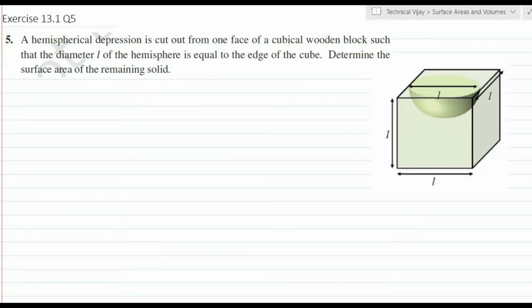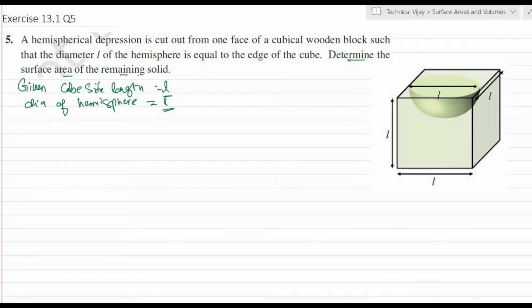There is a cube, a wooden block, and here the side's length is equal to L. Cube means all the lengths are equal to L. Here there is a hemispherical depression cut from this wooden block, and the diameter of this portion is also equal to L. So given, the cube side length is L units and the diameter of the hemisphere is also L units. We have to determine the surface area of the remaining solid.